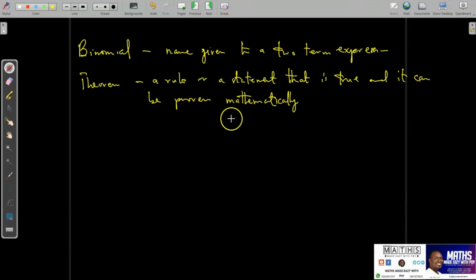You've heard of Pythagoras theorem, circle theorems, and so on and so forth. They are simply rules or statements that are true and can be proven mathematically.